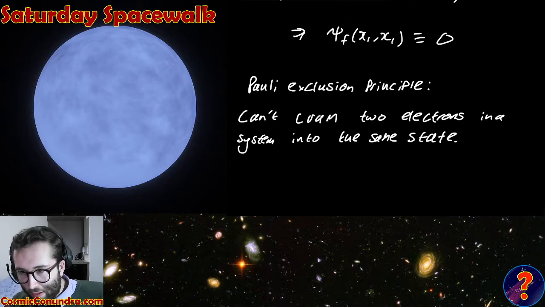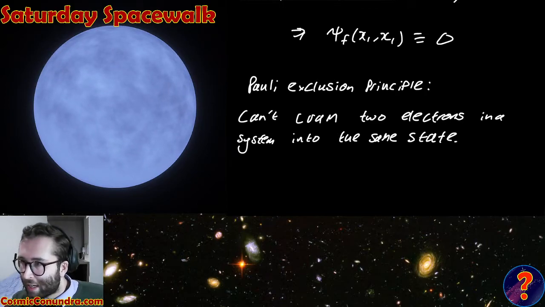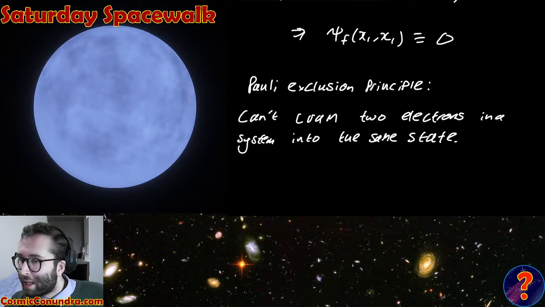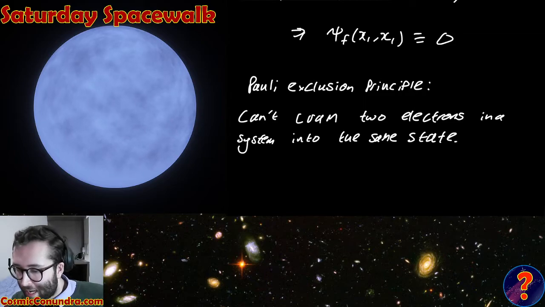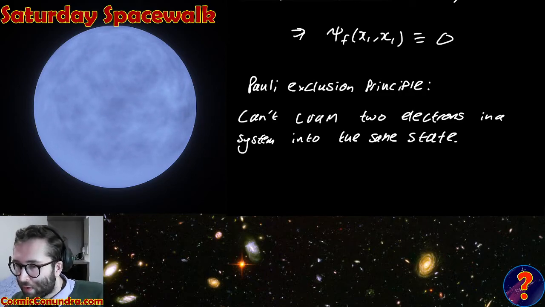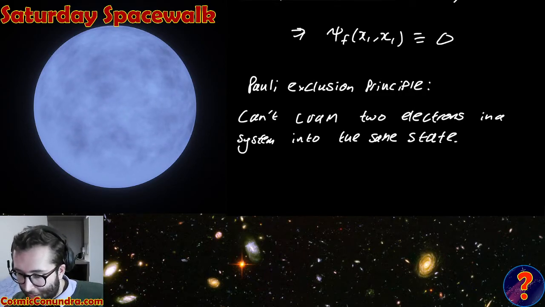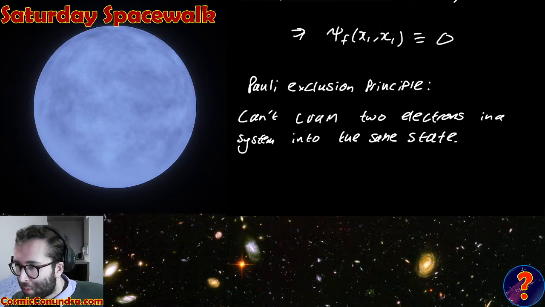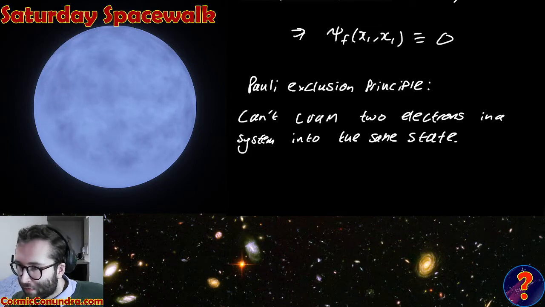But it turns out that the electrostatic repulsion of the electrons is not enough to support against the collapse. The only mechanism that gives you everything you need to support the white dwarf against further collapse is this Pauli force, this force arising from the exclusion principle. Electrostatic forces just aren't enough.